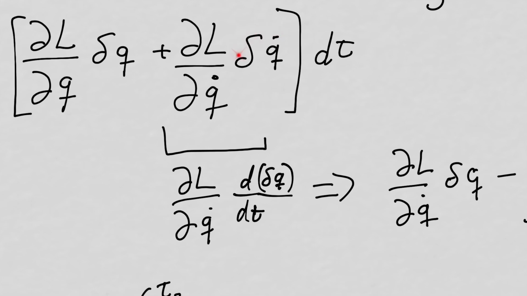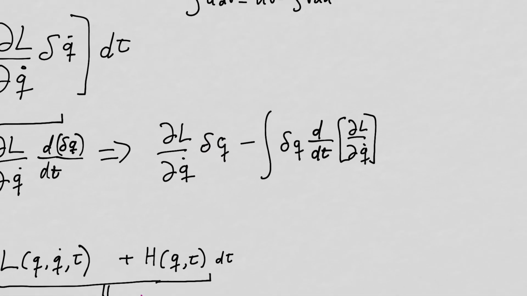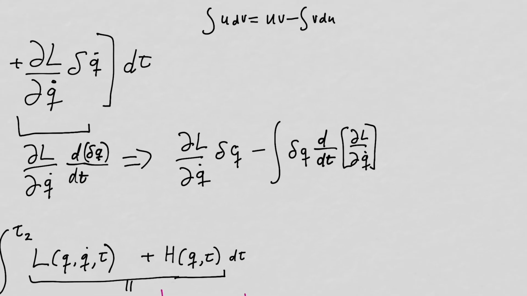That's what this literally means: d by dt of delta q. So if this is dv, then u times v is u times that integrated with respect to t, which is just the variation of q. And the integral of v du is the derivative of this with respect to time.